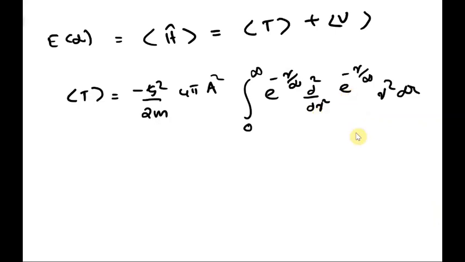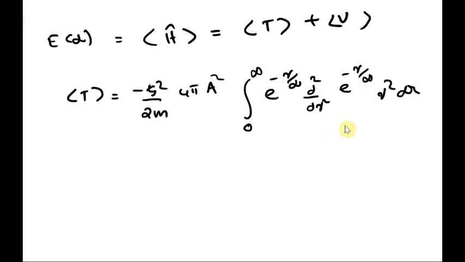Okay, this quantity you have to calculate and you have to be a little bit careful here for this integration. The reason is that if you take the first derivative of this function, that function is not continuous. You take the first derivative, you will get something like minus 1 by alpha into e raised to minus r by alpha.